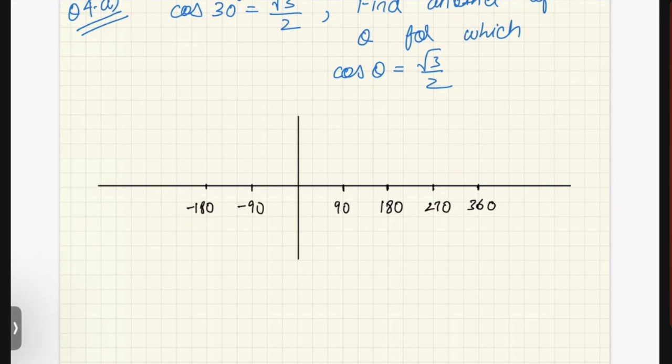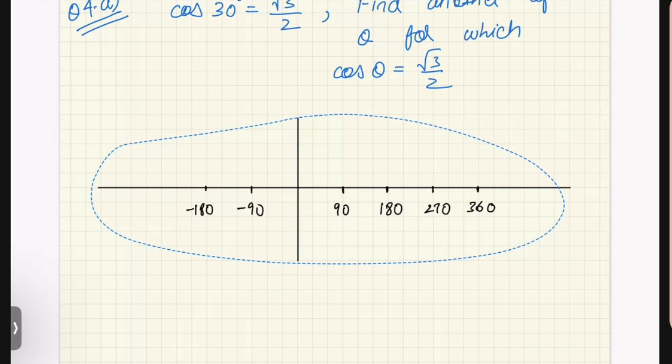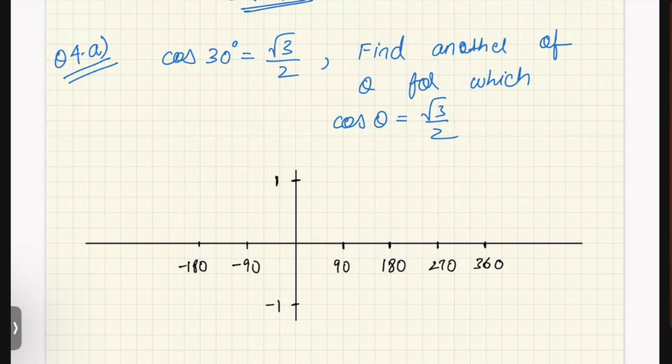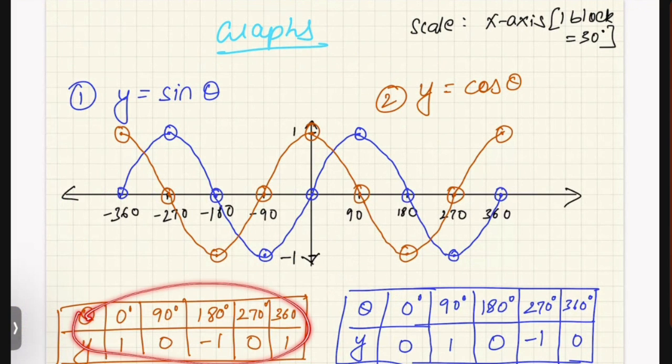This is 4 blocks, 1 unit. So this is 1, plus 1, minus 1. You know we already have the coordinates, so let's use them: 0 comma 1, then 90 comma 0, then 180 comma minus 1, and so on.